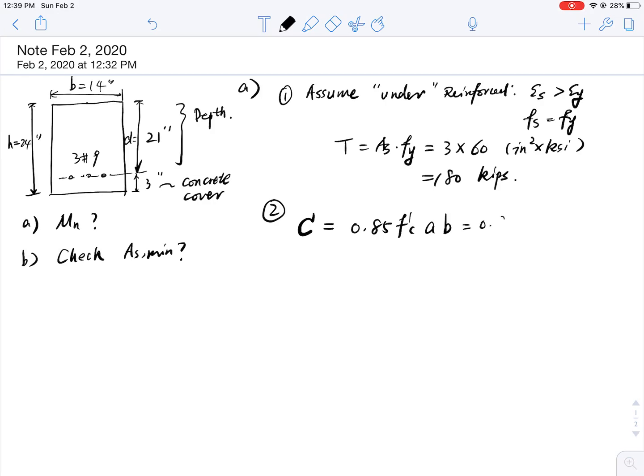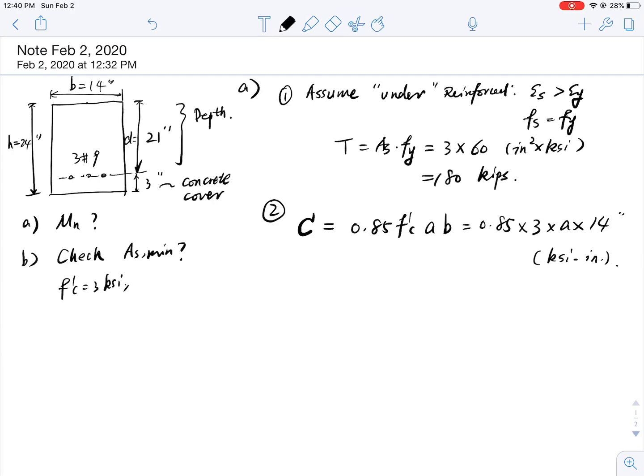Let's plug in the numbers: 0.85 multiplied by 3, because f'c here equals 3 ksi concrete, then multiplied by a, which I don't know, and then 14 inches of width. So the unit here is ksi multiplied by inch, and this is the total compression force.